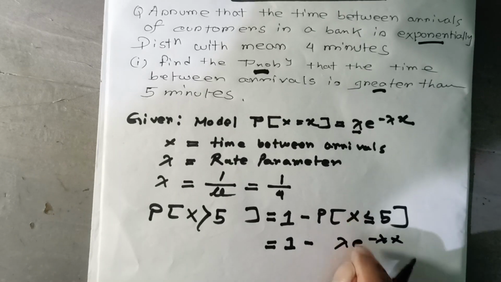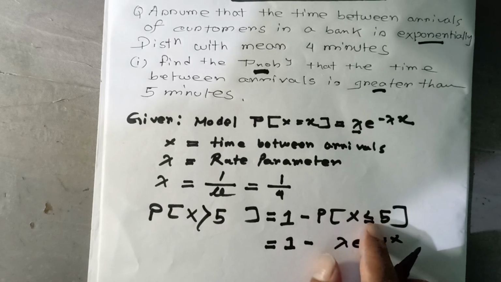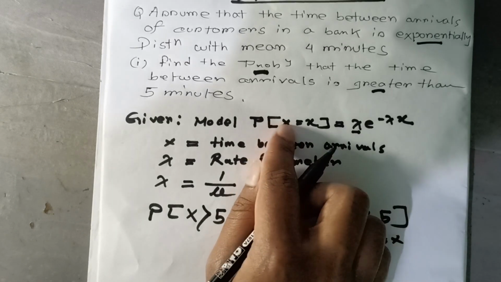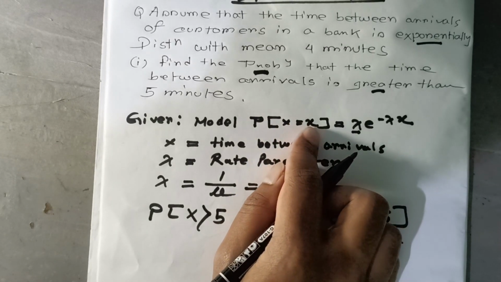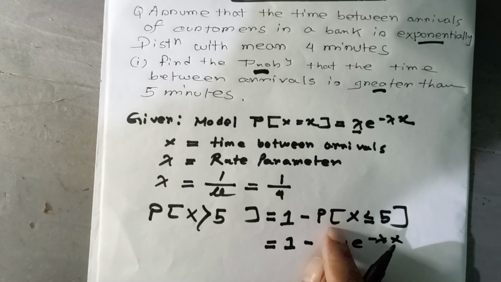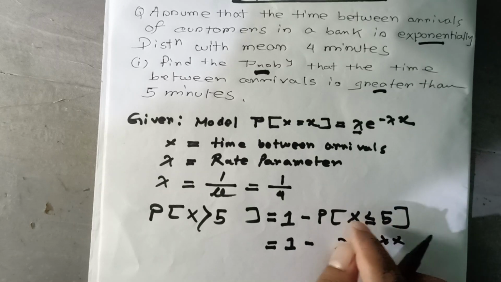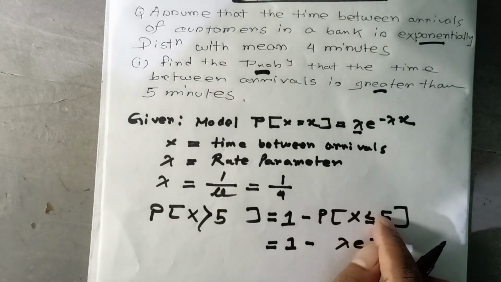We cannot directly write this one because they are giving us the bound, not the exact value like x equal to a small x. They are giving me less than or equal to 5, so there will be an infinite number of values between 0 and 5.